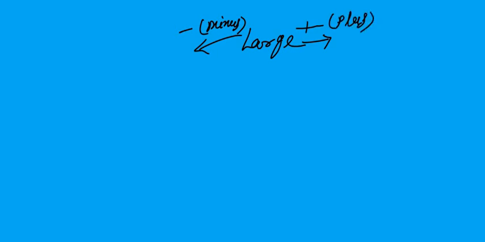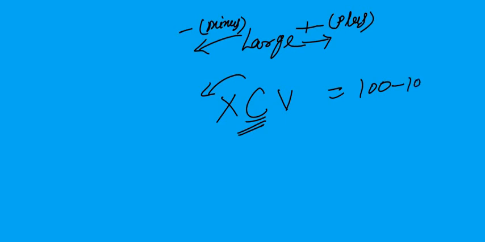For example, I have written C and then I am writing X on the left side and here I am writing V on the right side. So what will it be? This is C. C means 100. I have written X on the left side, so we subtract 10. I have written V on the right side, so we add 5. So what will it be? 95.